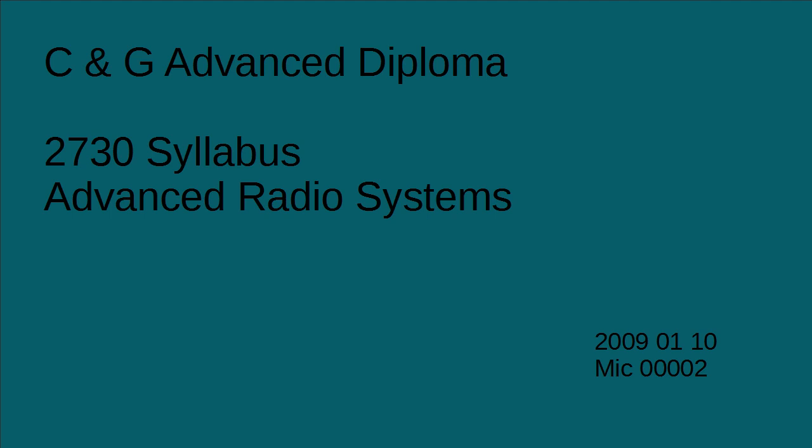What are the examples? You can easily say monopole. Monopole, what is the length? Lambda divided by? Lambda by 4. Monopole. Second one is dipole, lambda by 2.